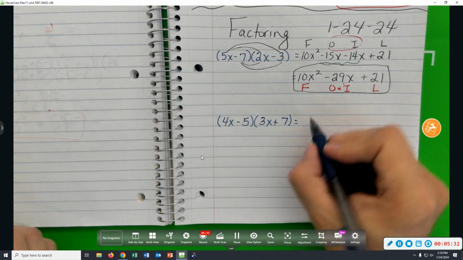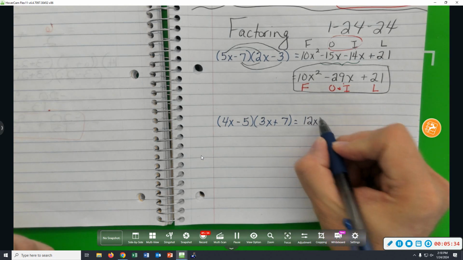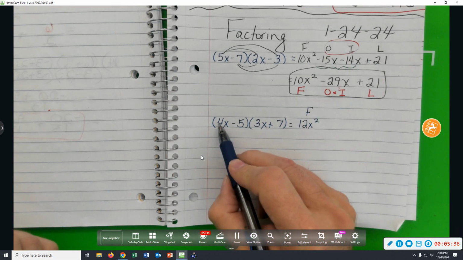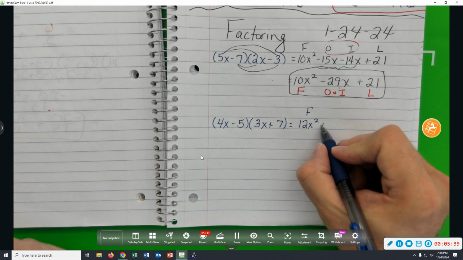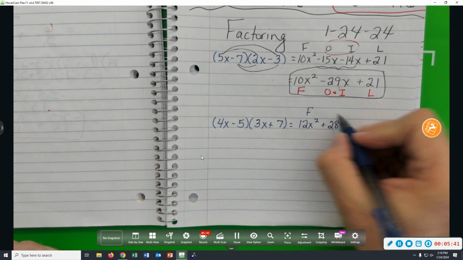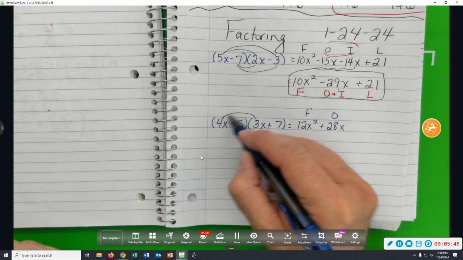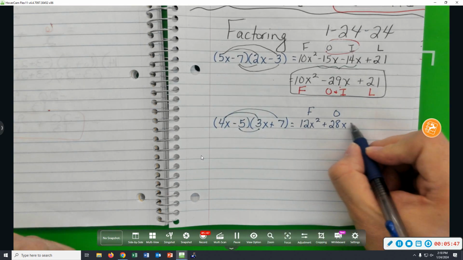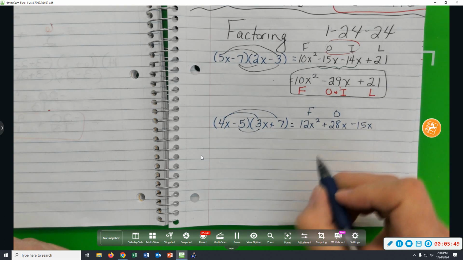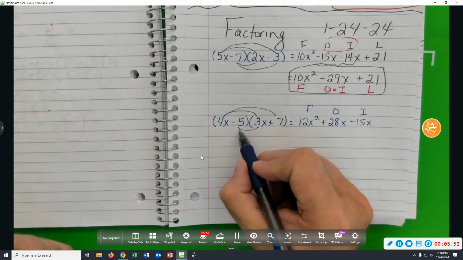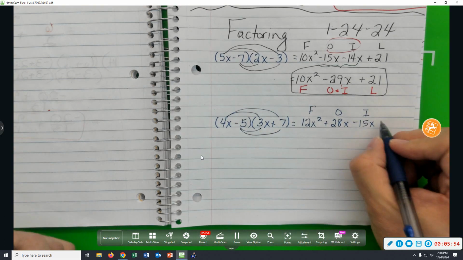Foiling out, we have 12x squared first. Outer would be a plus 28x. Inner would be a minus 15x. And last.